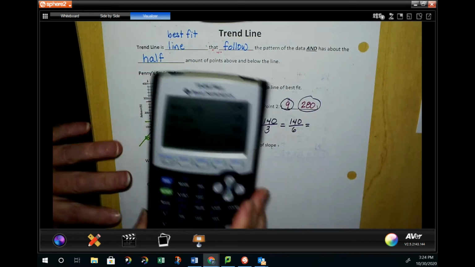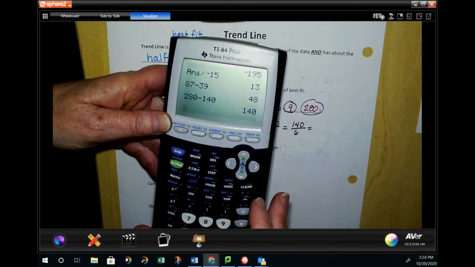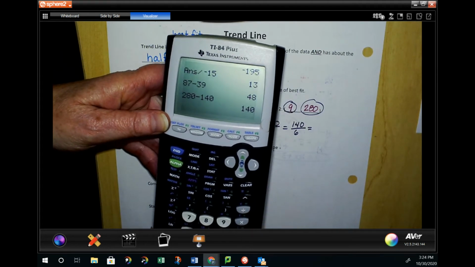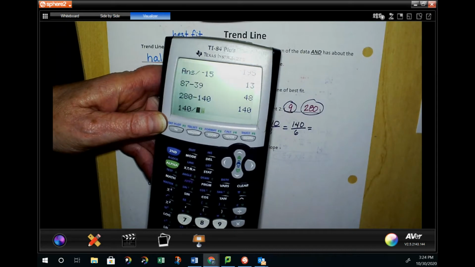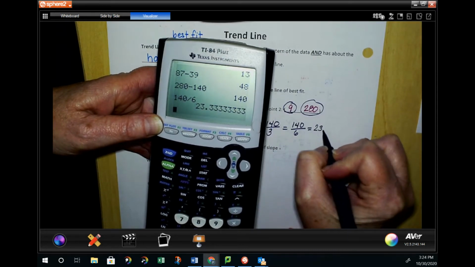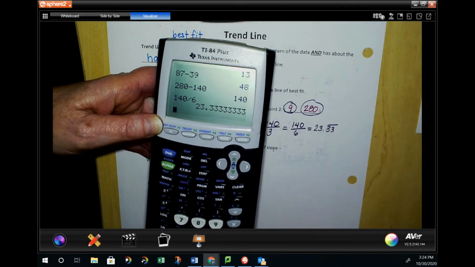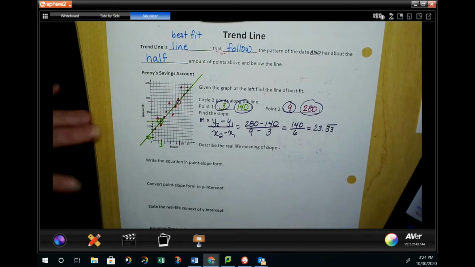Then I like to put them in decimal notation. So 140 divided by 6 gives me 23.33. Okay, notice that when you do this, these are not going to be absolutely perfect.